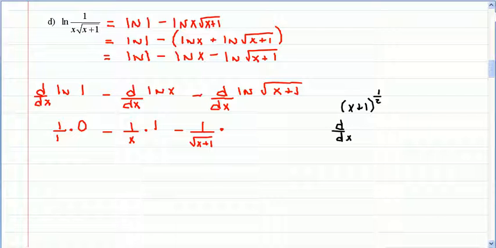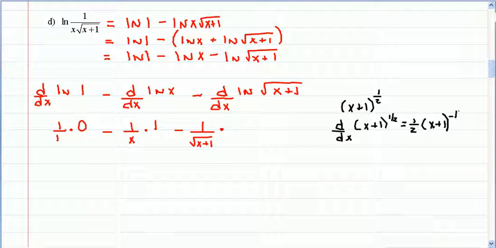So when I take the derivative of x plus 1 to the 1/2, it is equal to 1/2 times x plus 1 to the negative 1/2, and then I multiply it by x plus 1's derivative, which is just 1, so that this derivative simplifies to 1 over 2 times the square root of x plus 1.